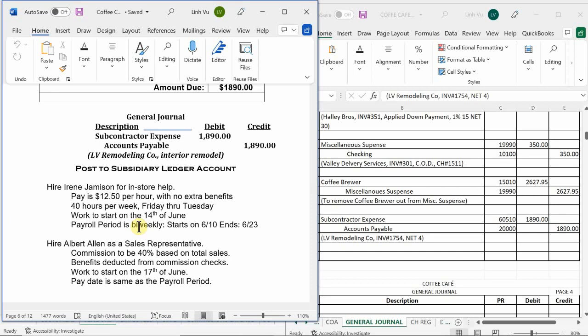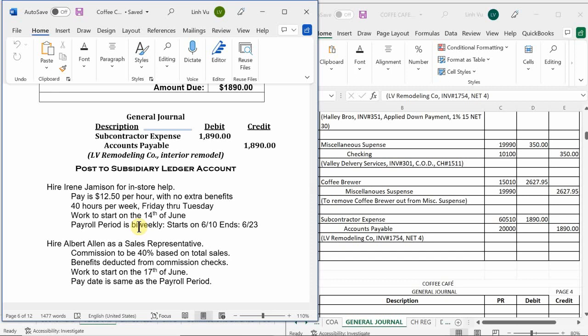And sometimes on the weekday, but mostly for the weekend. Okay. And she's going to work 40 hours per week. She's set to start work on Friday the 14th of June.